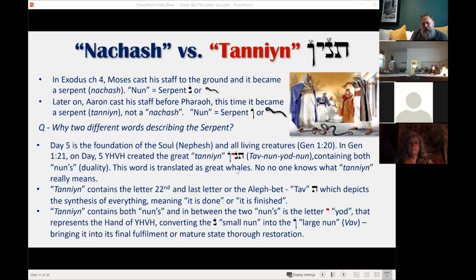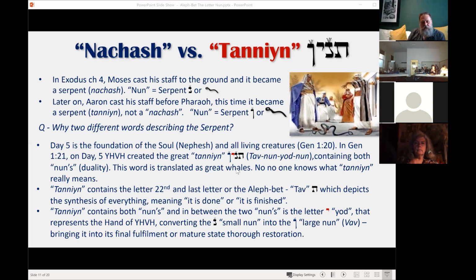But we got a hint from what's in Exodus with the serpent, which is connected to the larger Nun, that it means it's something positive that's created for the world of duality to overcome the opposing force and fighting on the same level, so to speak. So Yahweh created a serpent that will overcome the negative serpent.